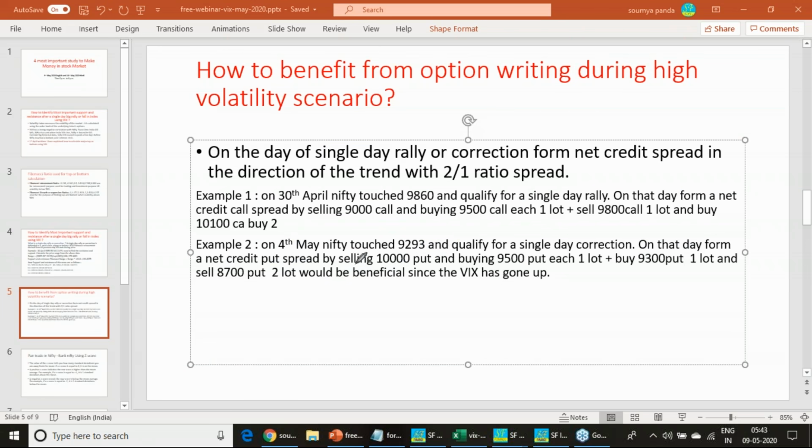We formed a 10,000 put and 9,500 net credit spread. This part is the same. But when it comes to hedging this combination with a 2/1 ratio, that creates a problem. We do not get any 2/1 ratio spread suiting our requirement that the selling side should compensate 80% of the buying side premium.